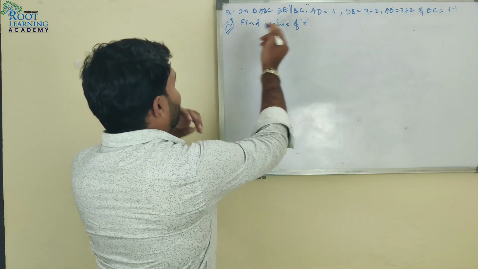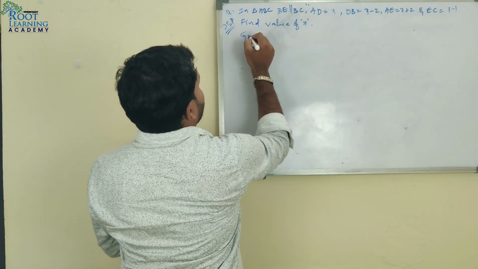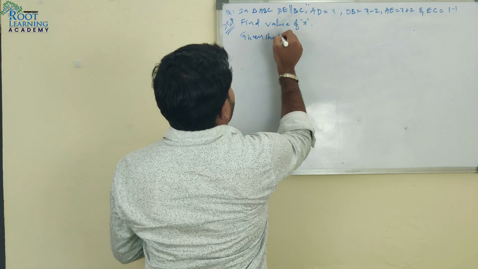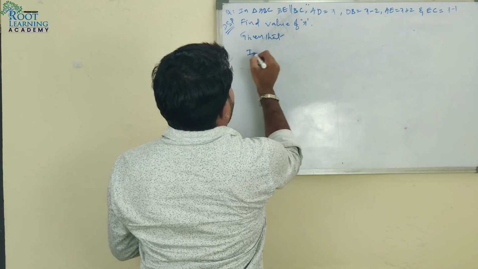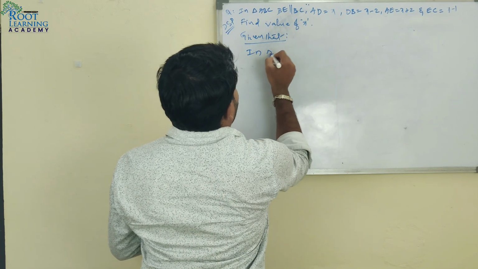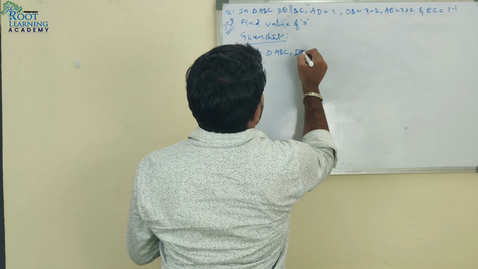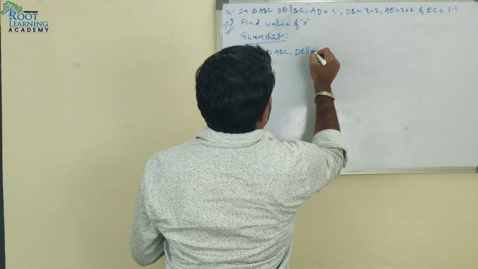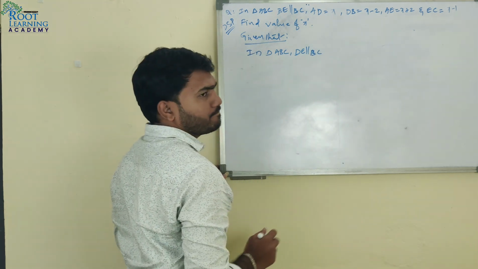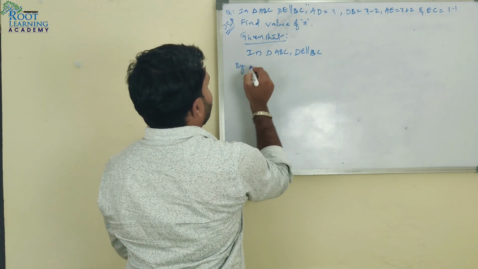So here, given that in triangle ABC, DE is parallel to BC. So by BPT what will we get?